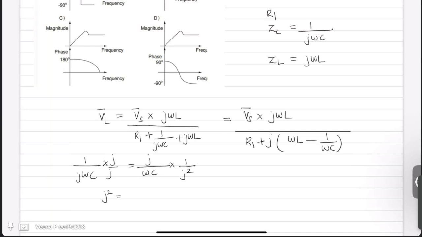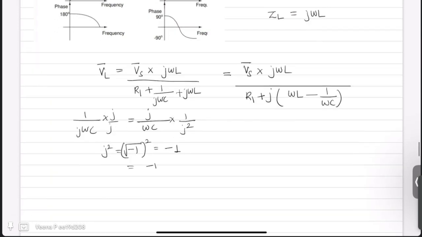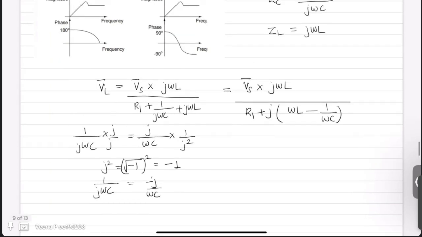Now j square is nothing but root of minus 1 whole square, which comes out to be minus 1. So this becomes minus j by omega C. That is 1 by j omega C is nothing but minus j by omega C. So if you take j outside, it becomes minus 1 by omega C.